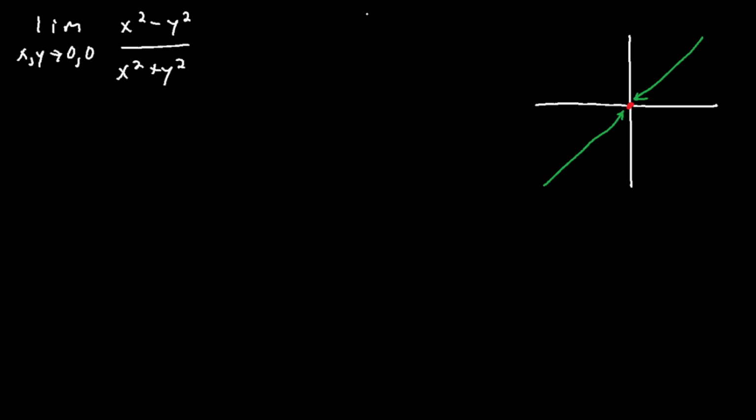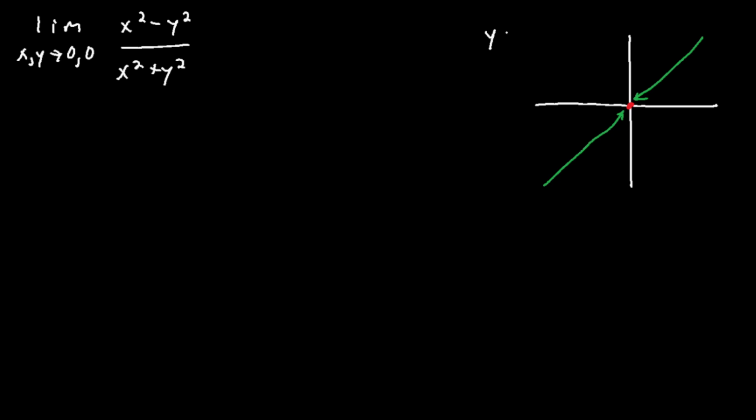Honestly, this just comes down to practice, being able to decide the paths that you're going to take. It will be different for different questions, but being able to see the algebra behind this beforehand is a pretty useful skill to have.